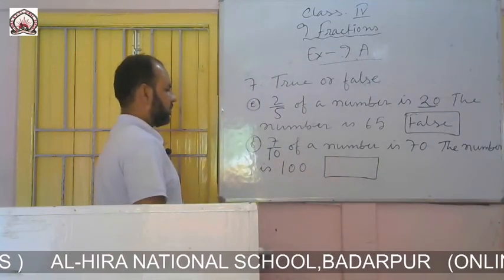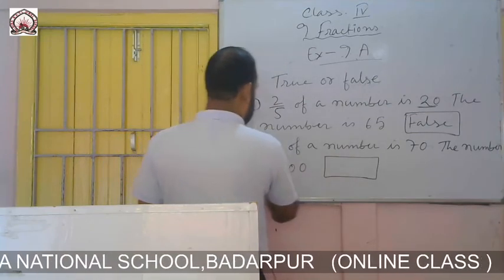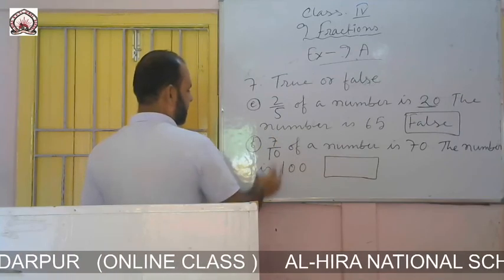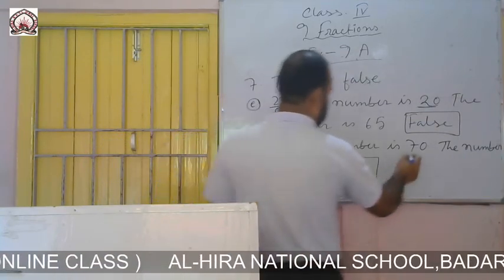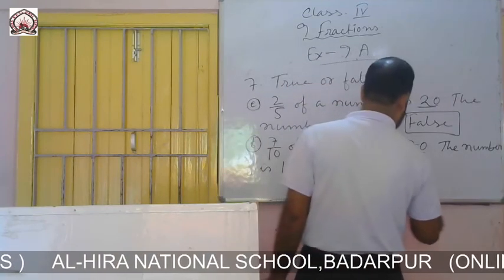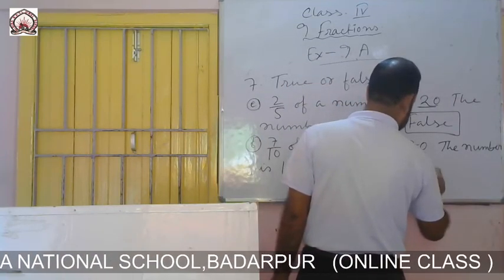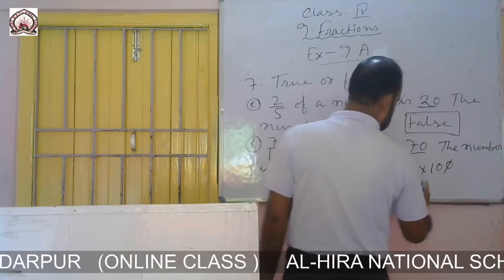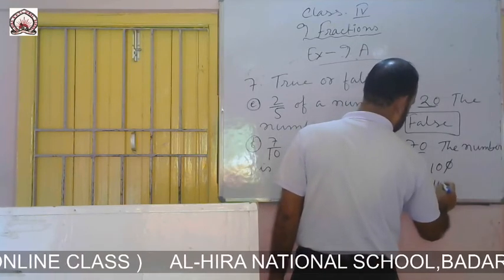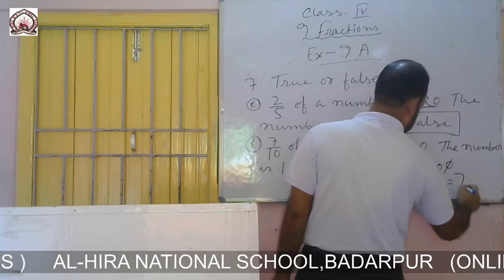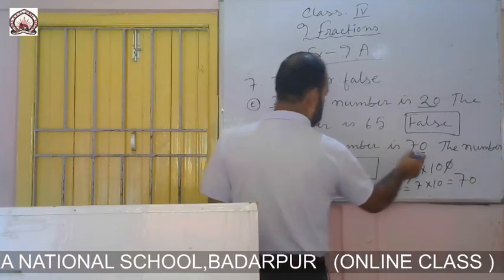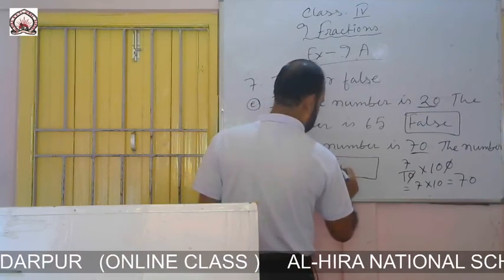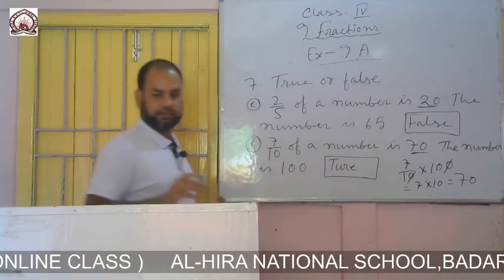So here also 100 chocolates are there. If 7 by 10 of 100 is 70, then it is true. So 7 by 10 into 100. 10 cut down remains 1 and upper remains 7 into 10. 7 tens are 70. So the answer is there also 70. So the answer is true. This statement is true.